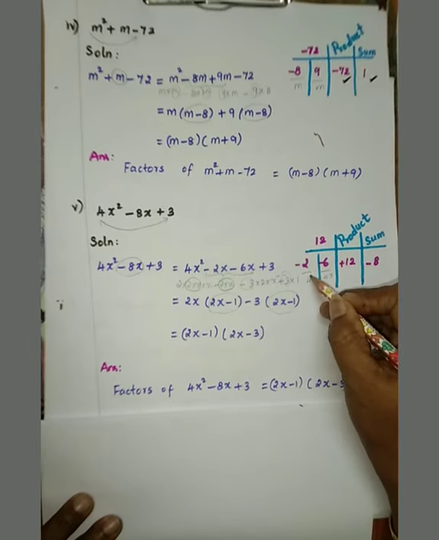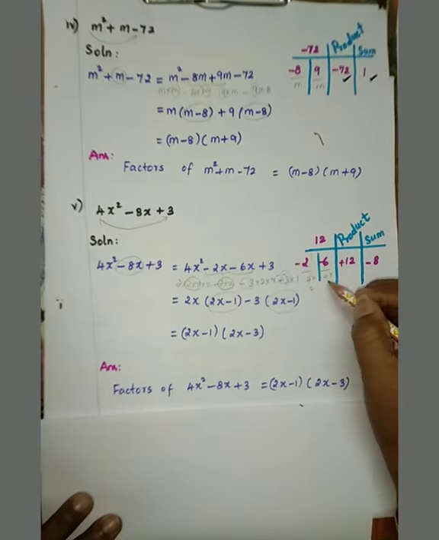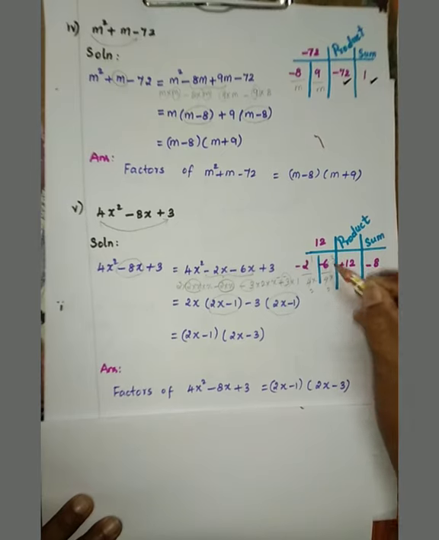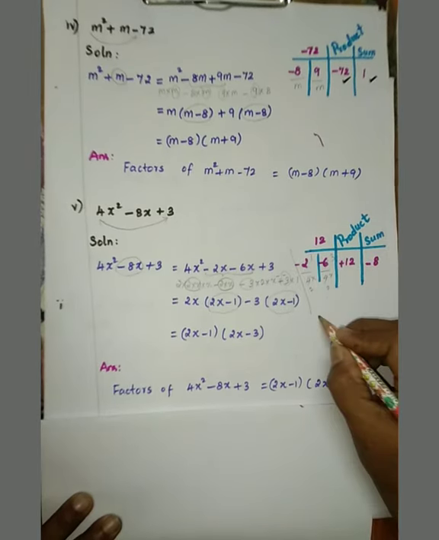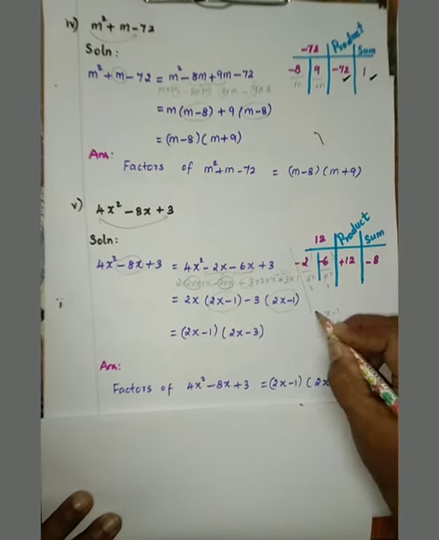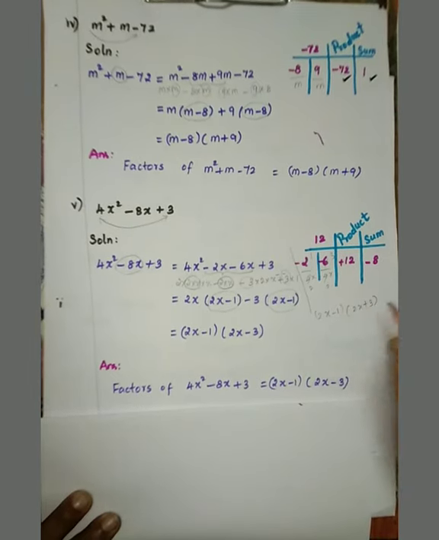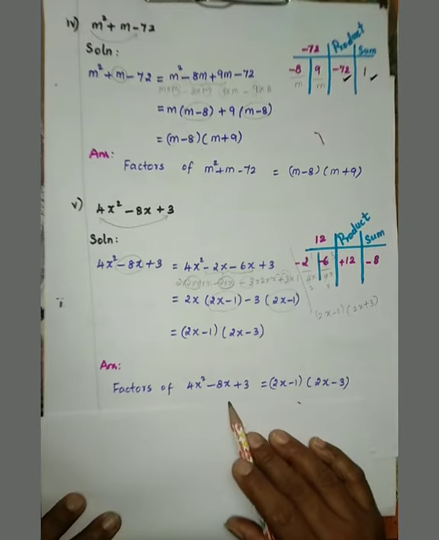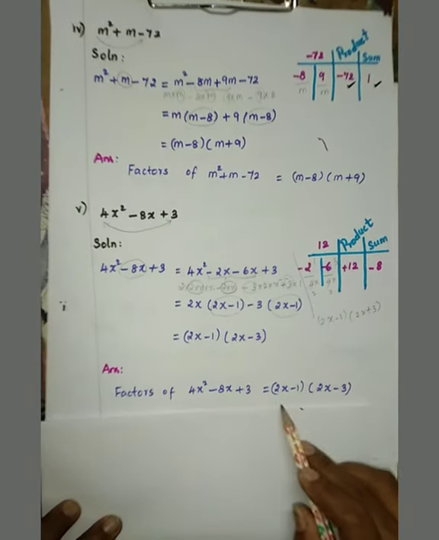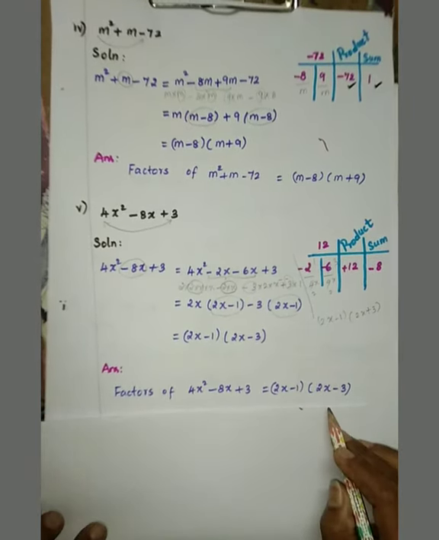So we can split 2 2s are 4, 2 3s are 6, so the factors will be 2x minus 1 and 2x minus 3. Therefore, factors of 4x square minus 8x plus 3 equal 2x minus 1 into 2x minus 3.